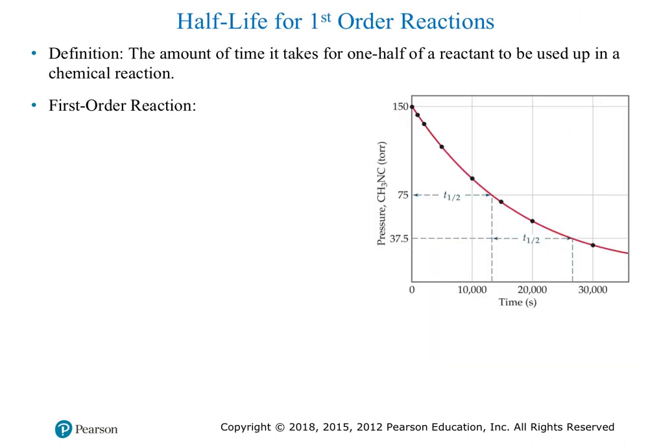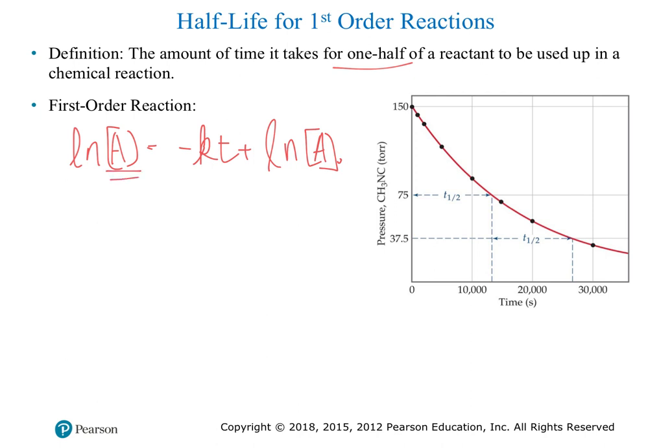For half-lives of a first order reaction: half-life in general is the time it takes for half of your reactant to be used up. For a first order reaction, our integrated rate law is natural log of A equals negative kt plus the natural log of the initial concentration of A. To find the half-life, we want to know the time it takes for our concentration to be half of what we started with.